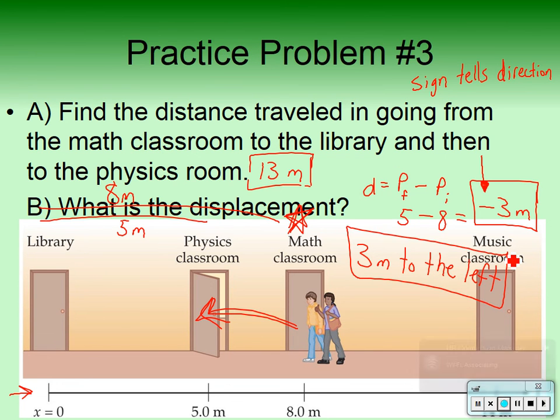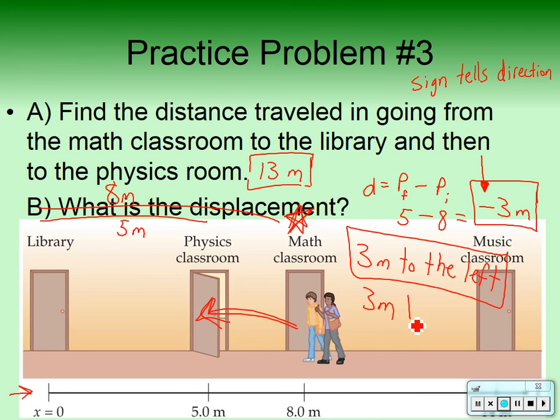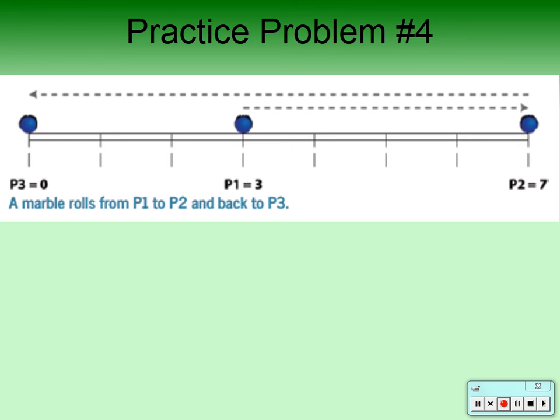Would that also be his displacement? Yes. Sure. Could you also write 3 meters west? Sure. Okay. But I want to use this notation. Negative 3 meters. That tells me that he ended up 3 meters to the left. Okay. Sign tells direction. Let's go to practice problem number 4.